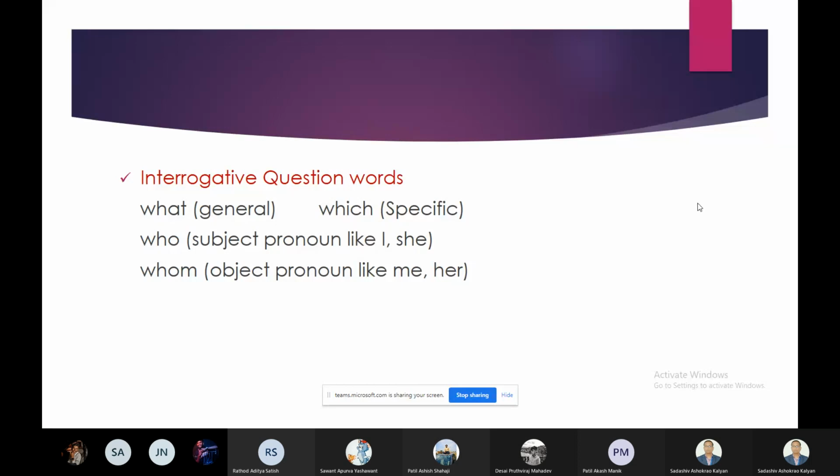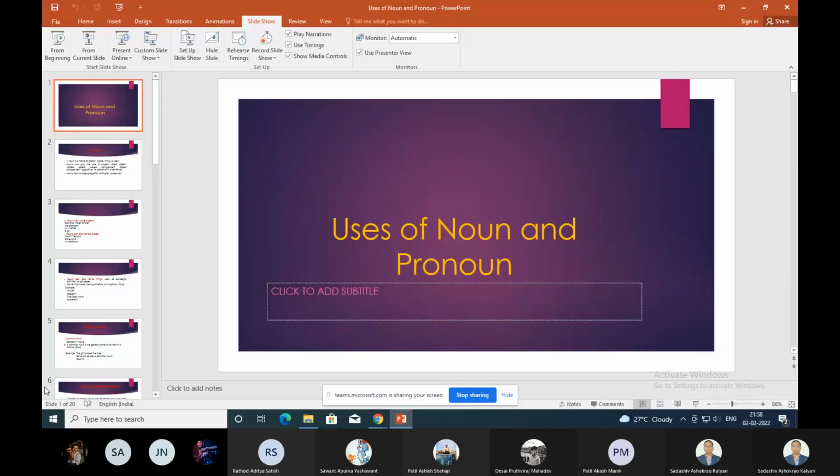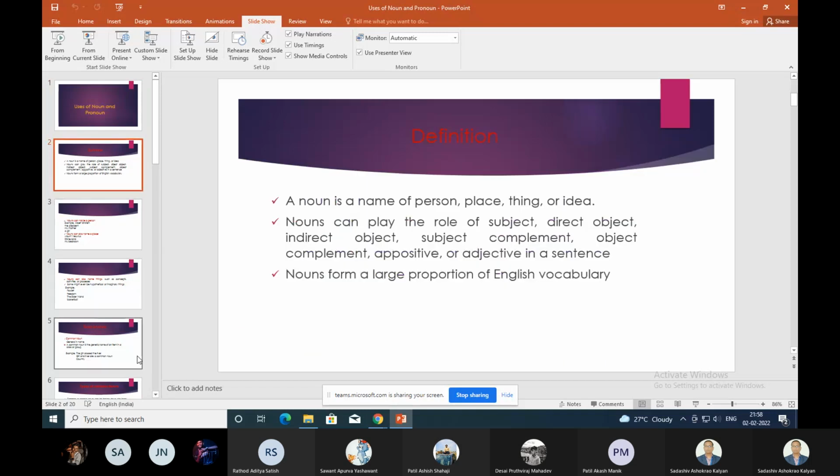So in short, in today's class, we have studied what is meant by noun. Nouns are nothing but the name of any person, thing, place, or quality.